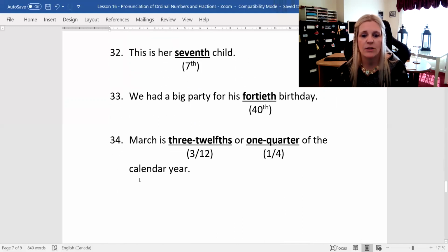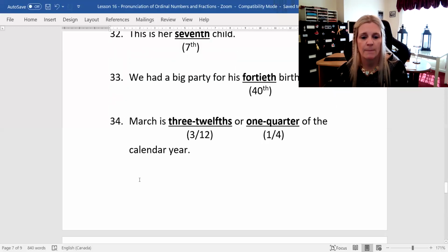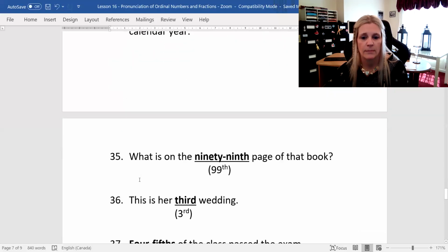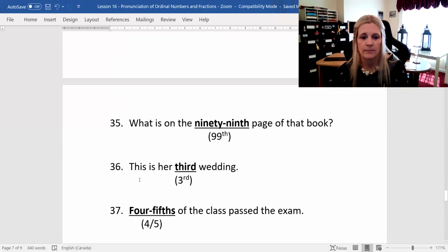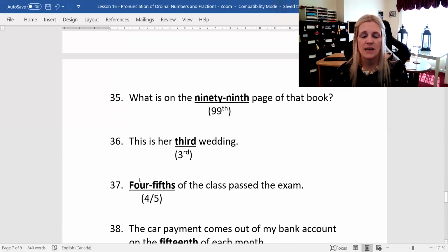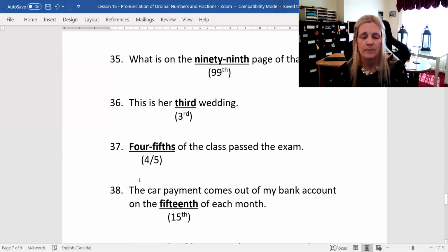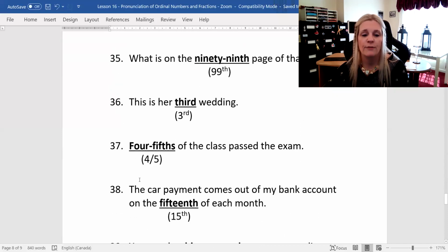March is 3/12 or 1/4 of the calendar year. What is on the 99th page of that book? This is her 3rd wedding. 4/5 of the class passed the exam.